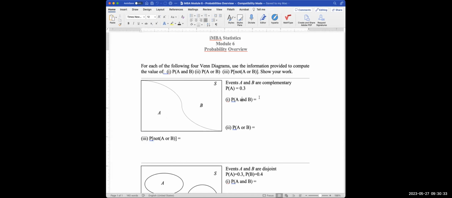Can someone give me an example of two events that are complementary? The coin flip. Okay, so flipping the coin, and what would be the A and what would be the B?